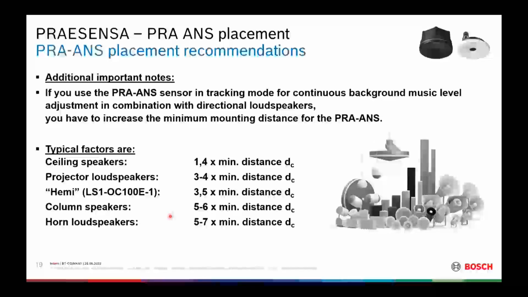So then we should stay at least minimum, let's say about 6 times the distance away, which we have detected from the chart before based on the room acoustic conditions, reverberation time, and room volume.